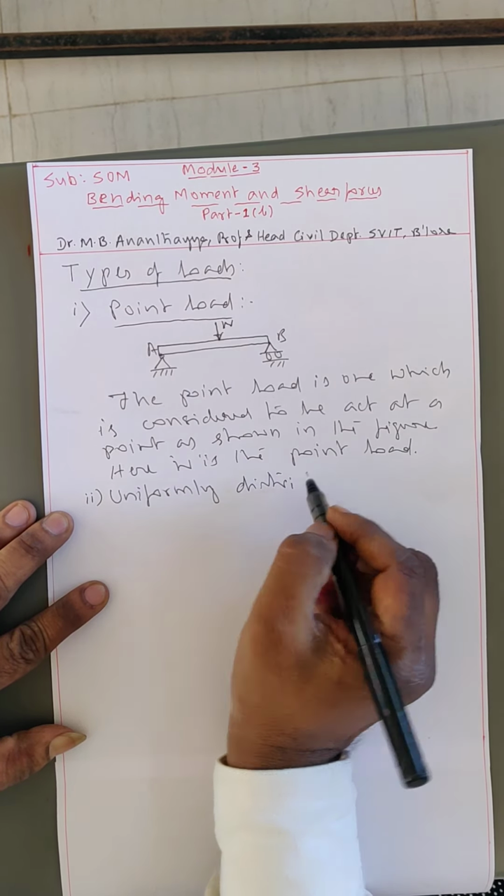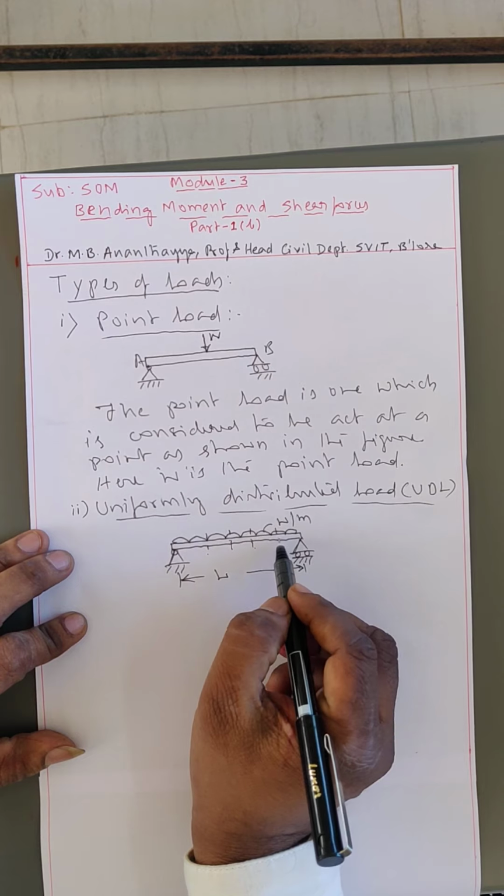For example, I am drawing a beam here. This support is a hinge support. This end is a roller support. Then the representation of the load is like this, W per meter length. For example, the span is L meters.